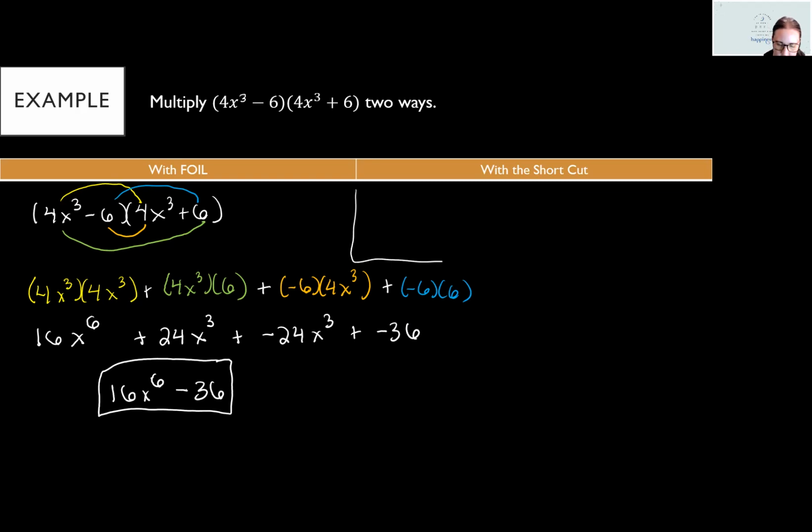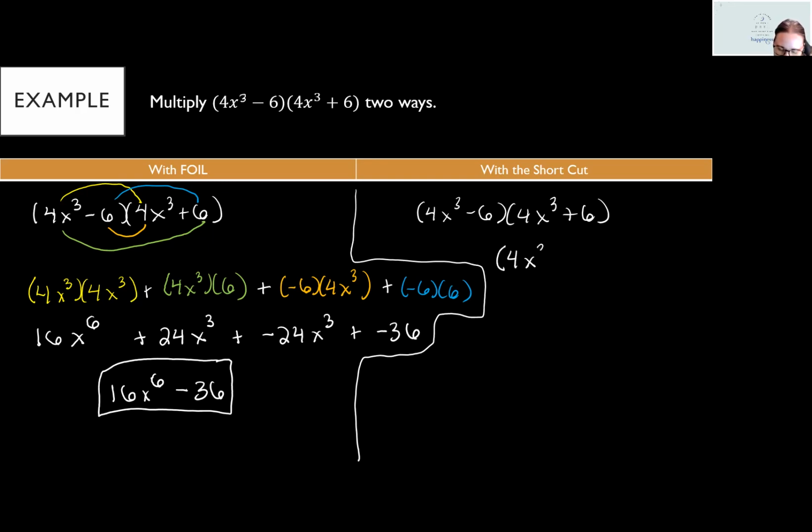So kind of took over here. Now, if we're just using the shortcut, so we have 4x cubed minus 6 times 4x cubed plus 6. And it doesn't matter if you have the plus first or the minus first. All that matters is after the same thing, just opposite signs. So when I have the shortcut, I'm taking my 4x cubed and squaring it.